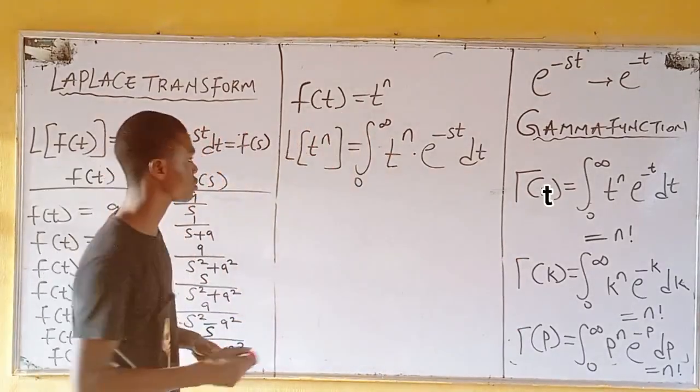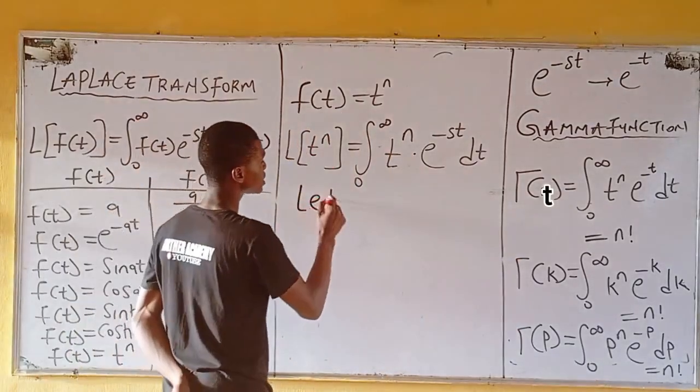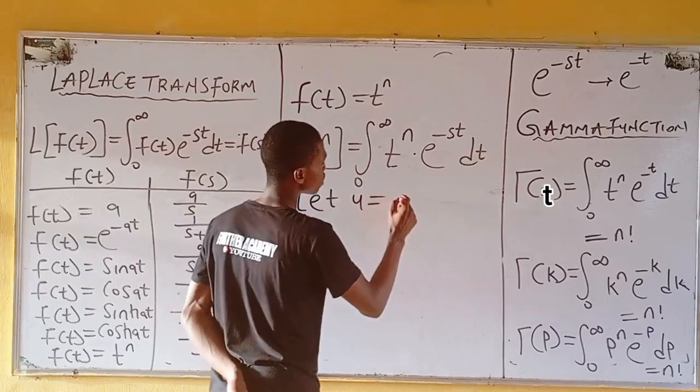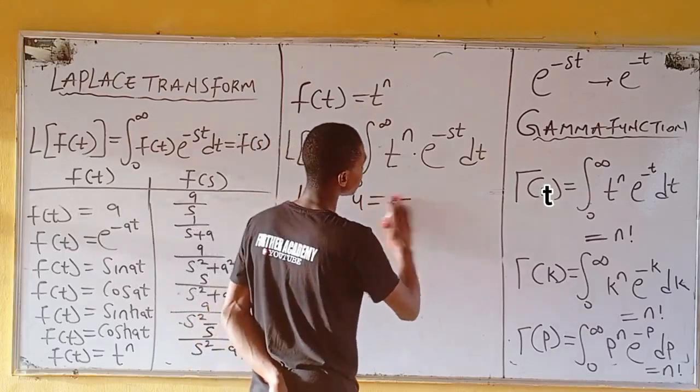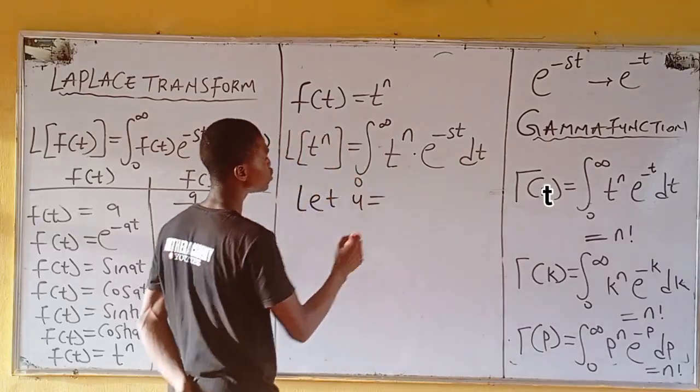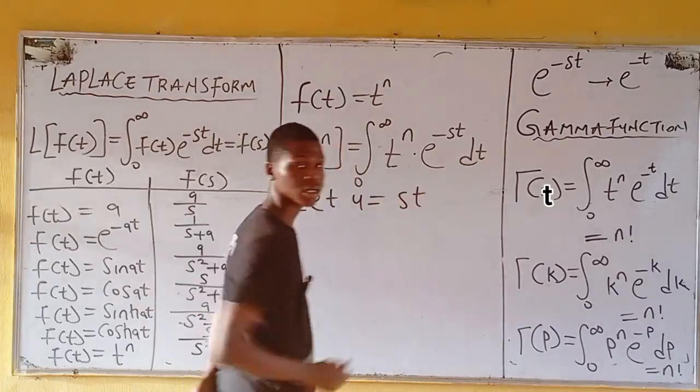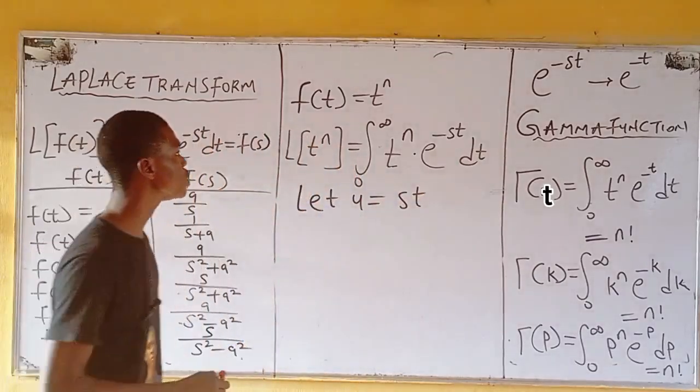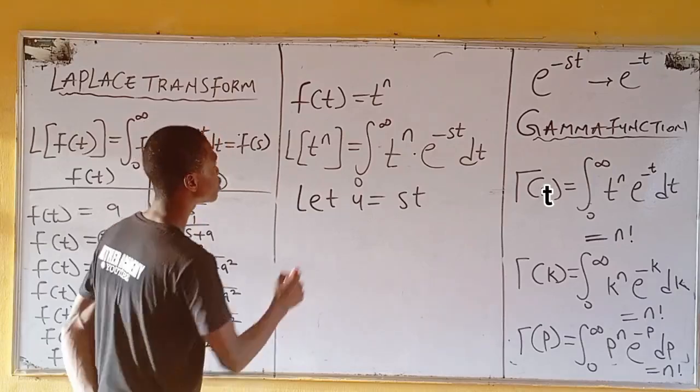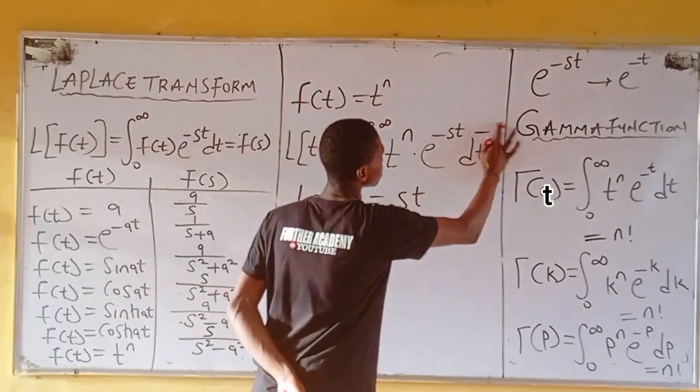Now, I would say let u is equal to st, and say this is equation 1.